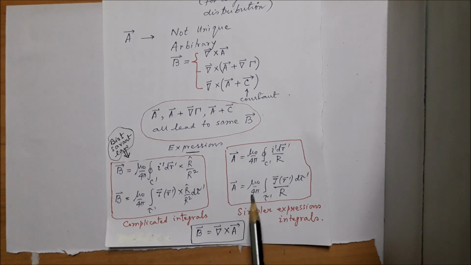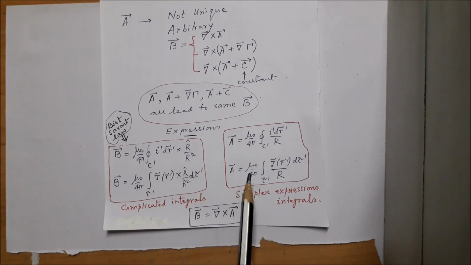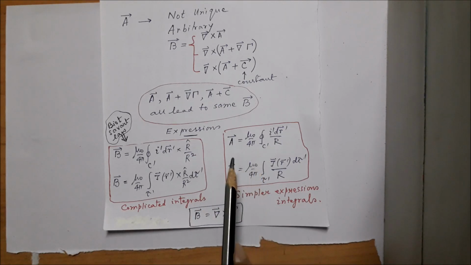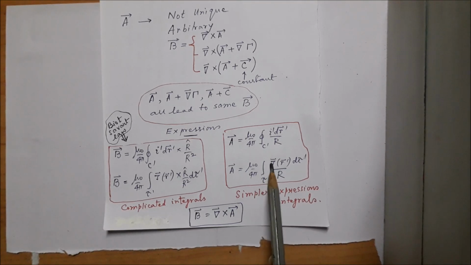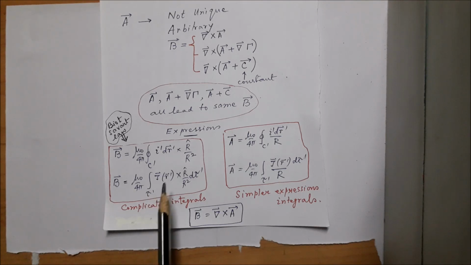Instead, let us look at the integrals involved in the expression of magnetic vector potential. They involve just 1 by r and are greatly simple compared to that of B. Clearly, we can evaluate vector A first by evaluation of these easier integrals and then take curl A to find vector B. Even though it may be a two-step process to find vector B, it is faster and simpler than a one-step evaluation of a difficult integral.